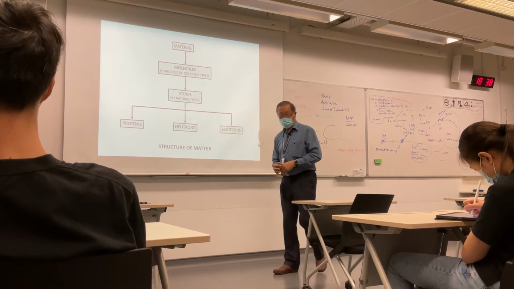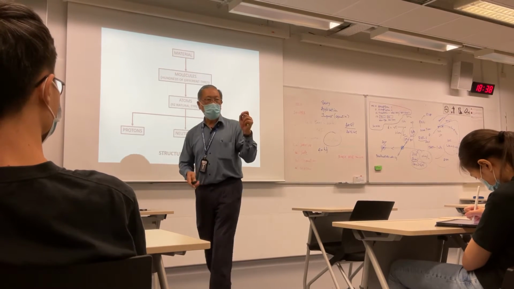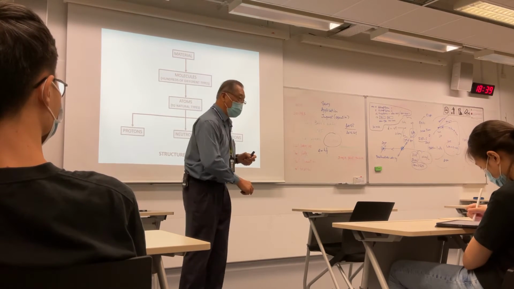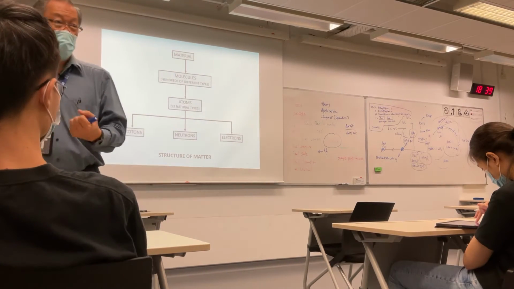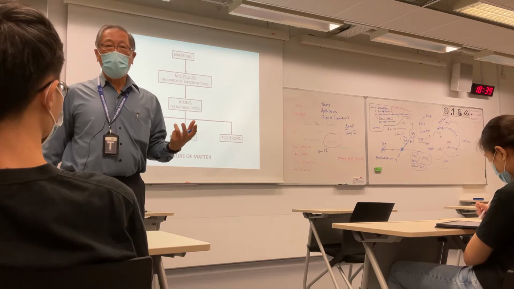h is Planck's constant, so the energy of a photon depends on the frequency. The higher the frequency, the higher the energy. For example, between blue light and red light, which one has higher energy?